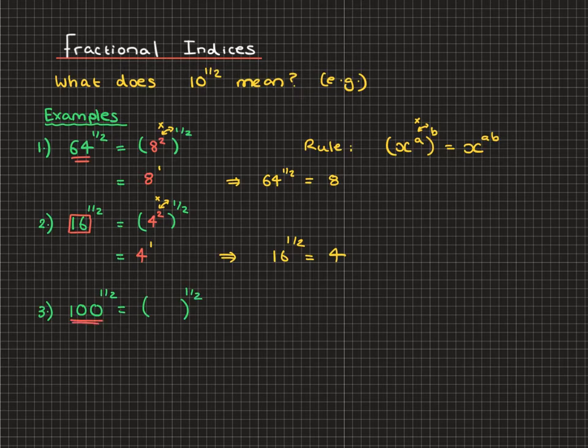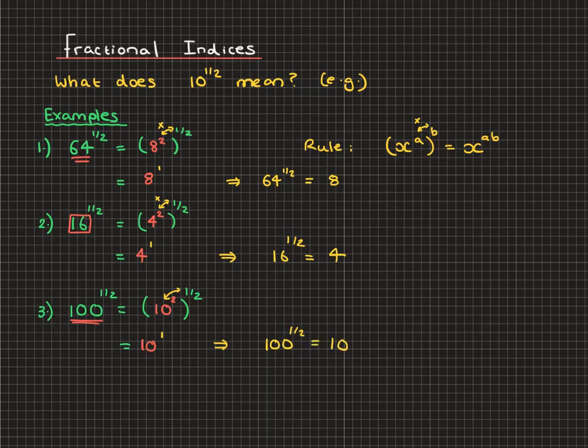Instead of 100, I'm going to write 10 squared, because that's an equivalent way of writing 100. So again, we have power of a power. We need to multiply these indices together. So this gives me 10 raised to a power of 1, or just 10. So I have another result, which is that 100 to the power of a half is equal to 10.